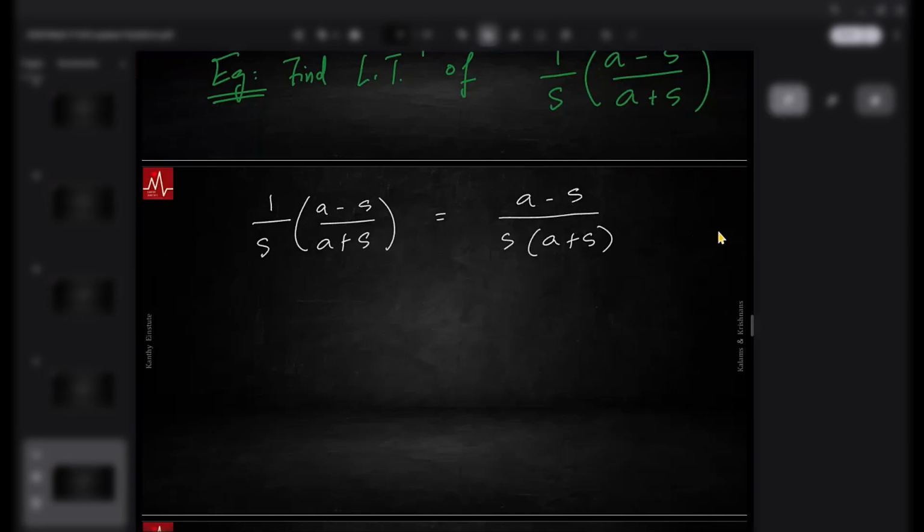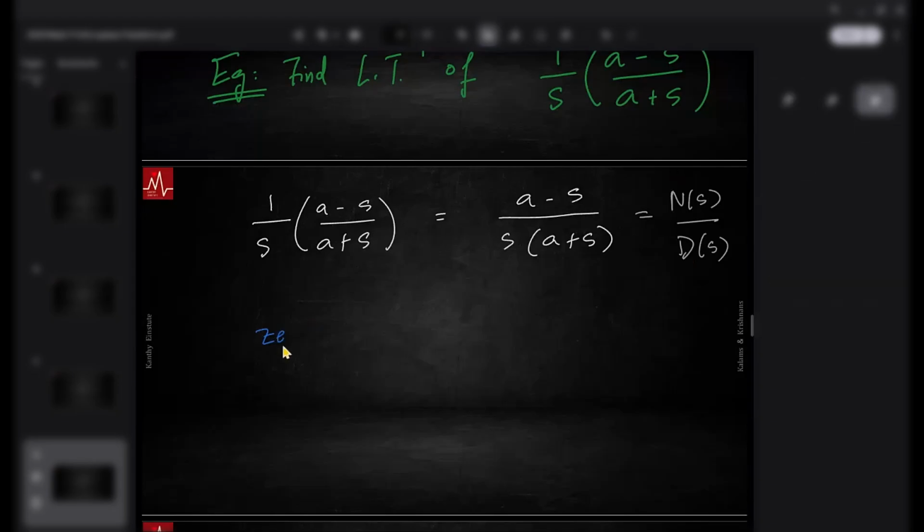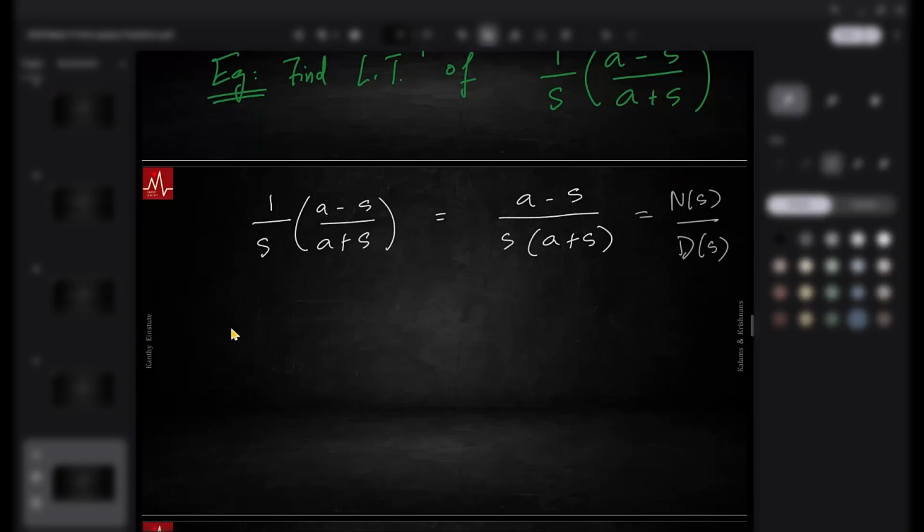And notice there is a mild detail. Something called zeros: the roots of the numerator, what we call zeros.